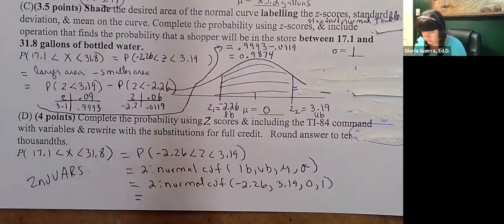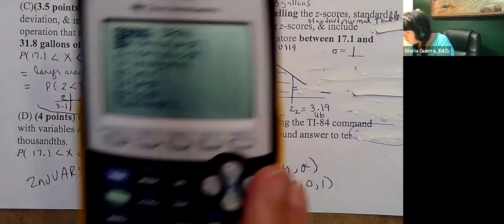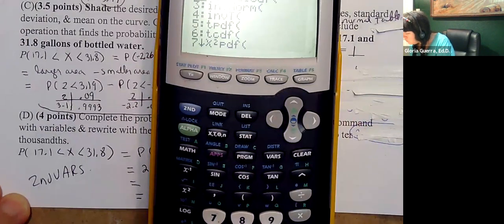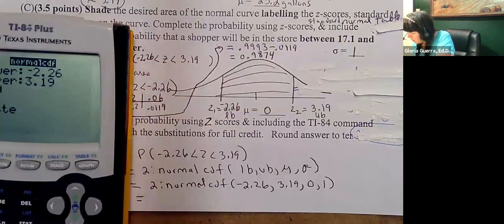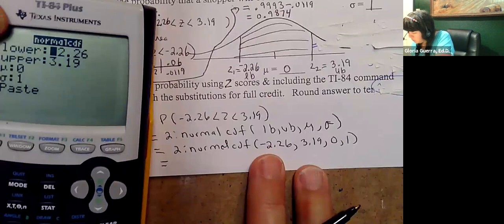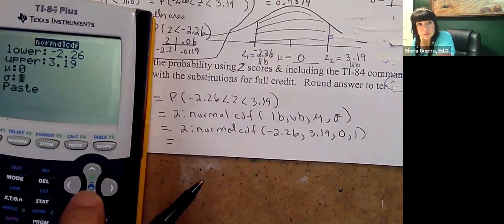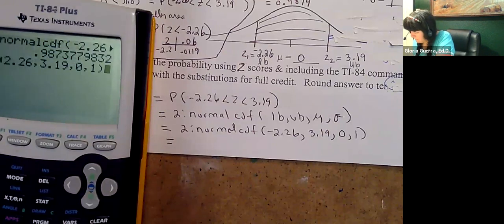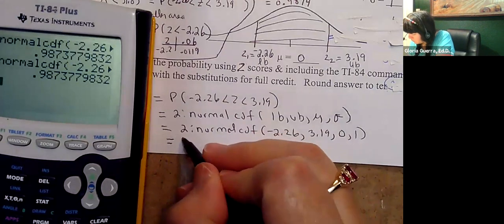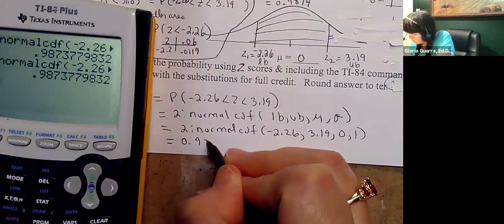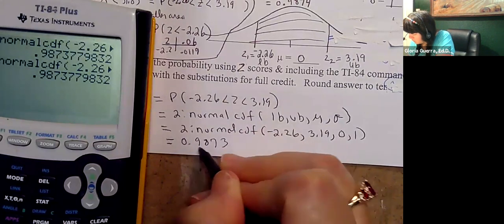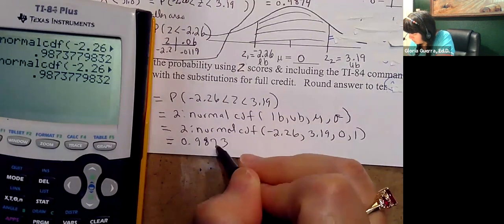That was a second vars, number 2. And then the lower bound was negative 2.26, upper bound is 3.19, 0, and 1. Tens, hundreds, thousands, 10,000s.